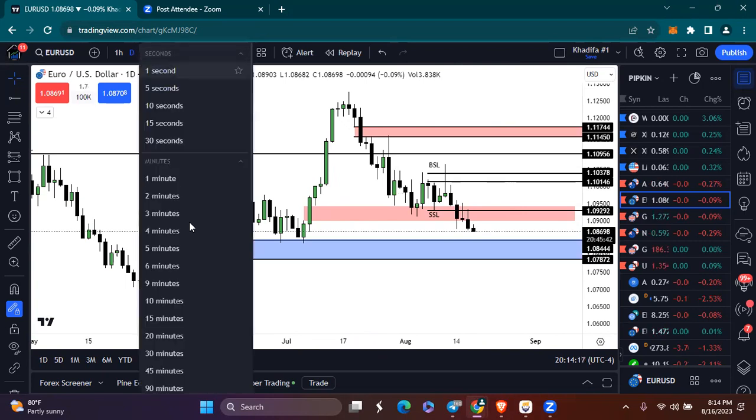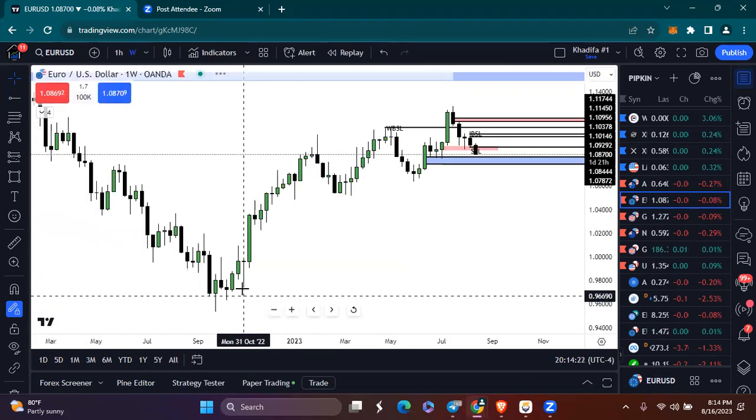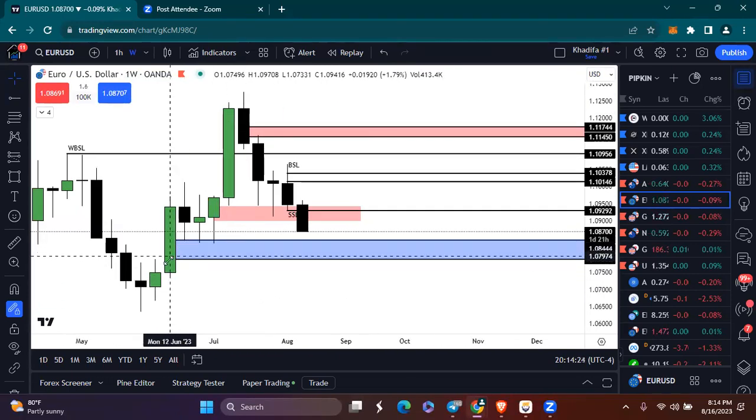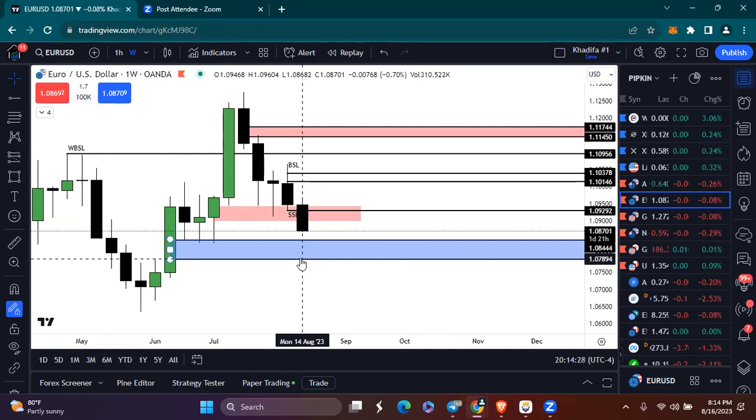If I go up, you see that fair value gap right there. I want to see us run down into that. I want to see us come down into the consequent encroachment of that weekly fair value gap first, being that we already retested that upper level.